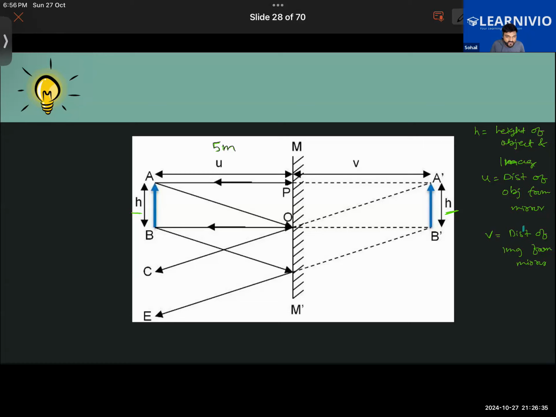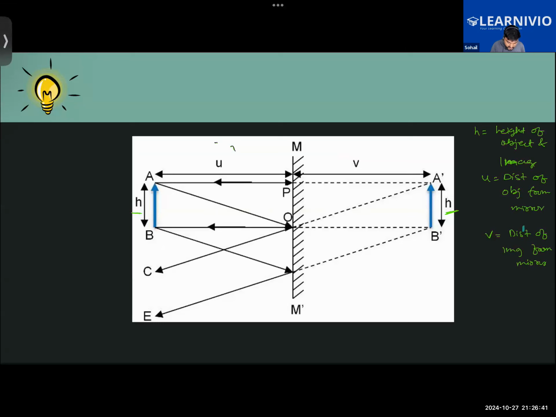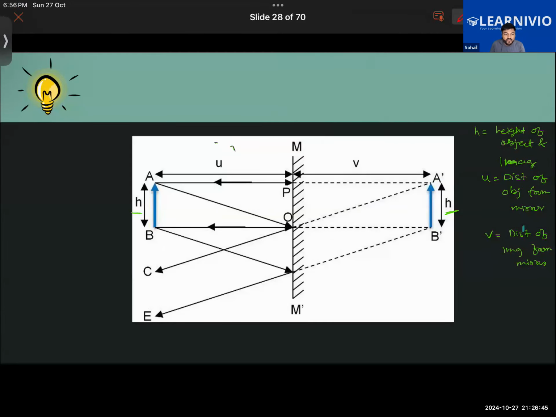Let me erase this to avoid confusion further. So what are we saying? That when the rays of light from this object fall on the mirror, the image of the object is formed inside the mirror, not away from it.